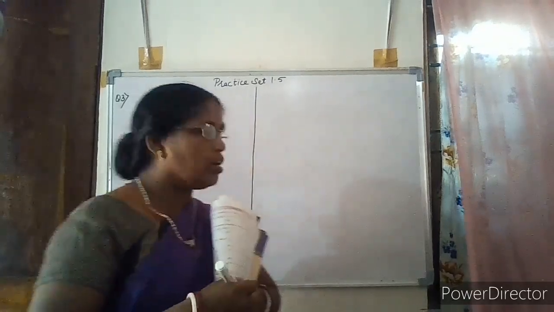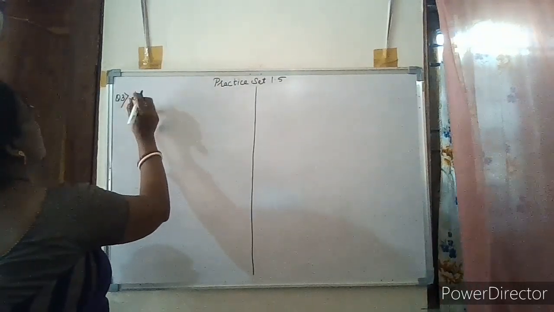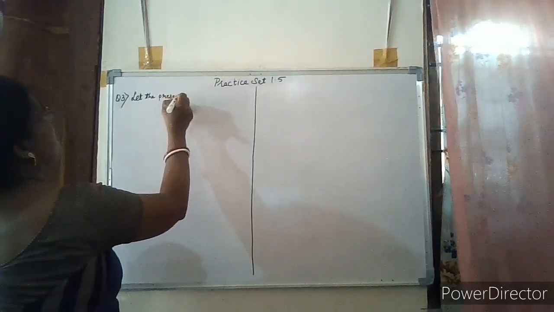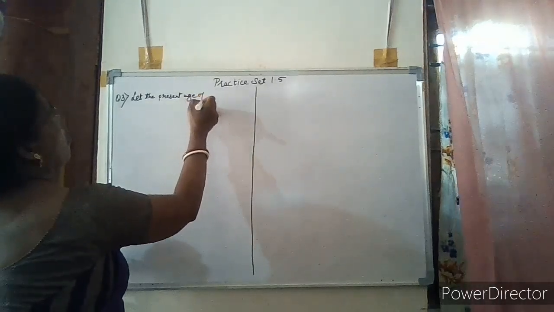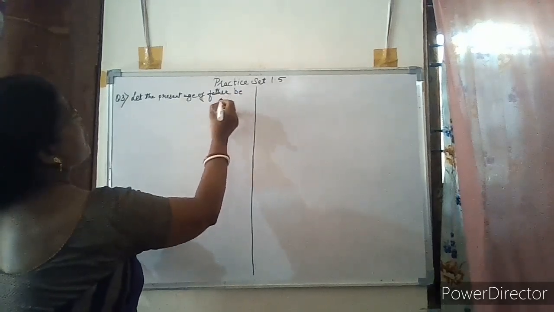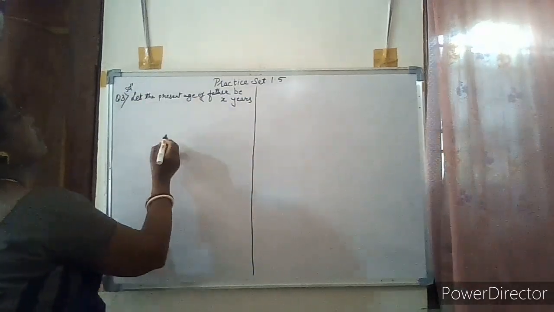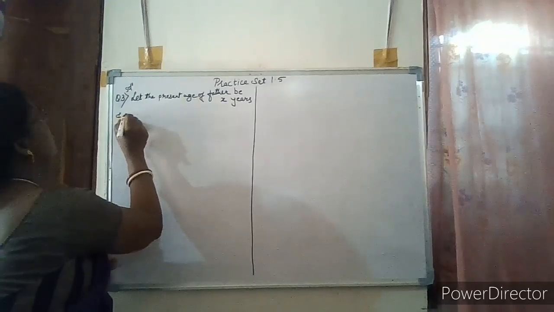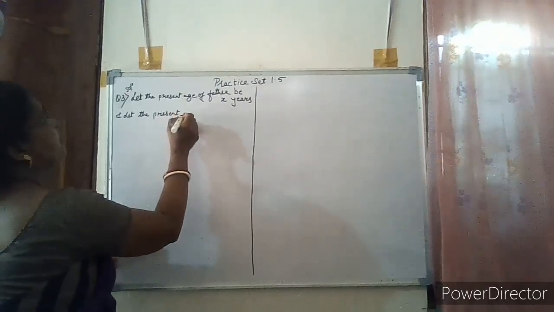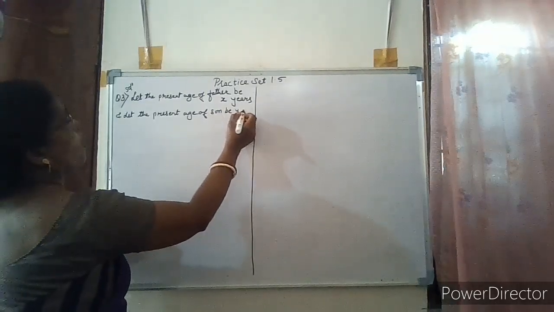So let us take, let the present age of father be X years, and let the present age of son be Y years.